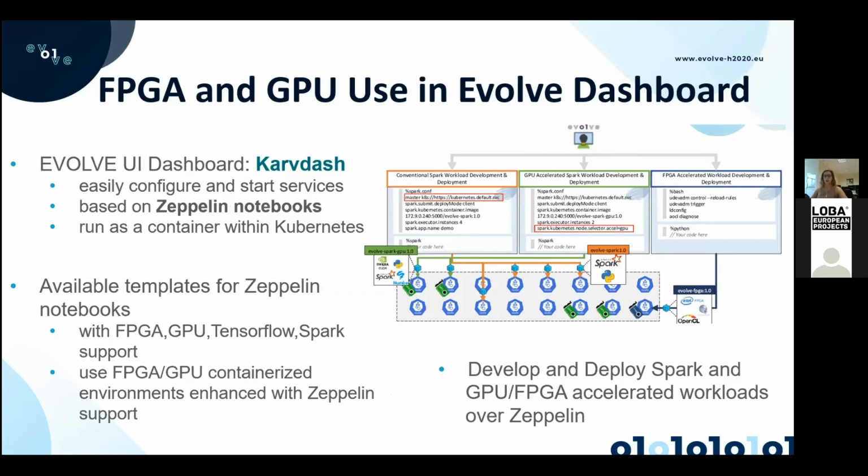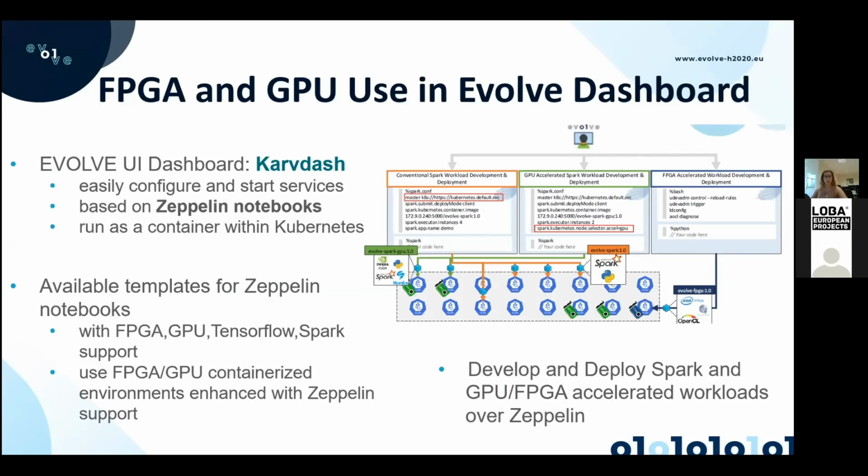Lastly, in order to further facilitate the experience of the Evolve user, Evolve has created a user interface dashboard, which is called CarveDash, and it is developed in order to allow users to easily configure and start various services.